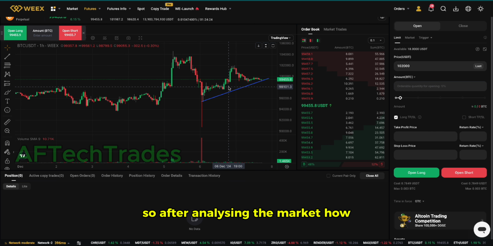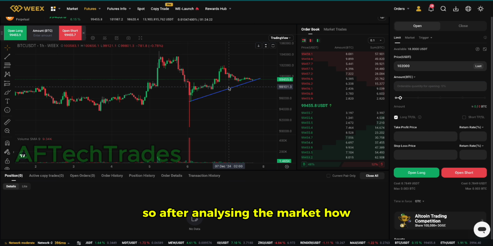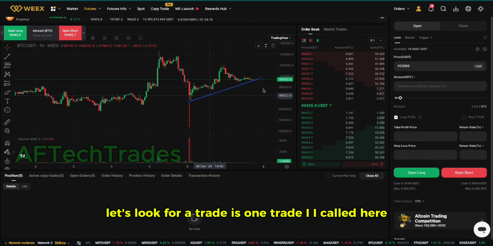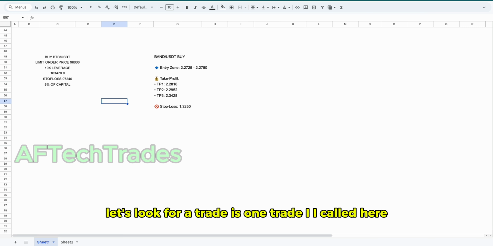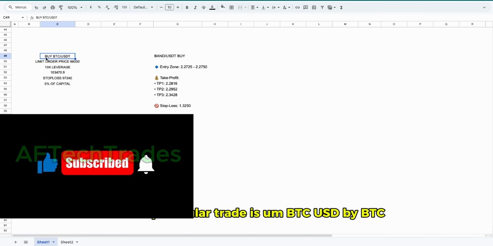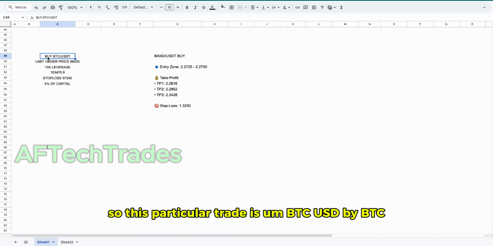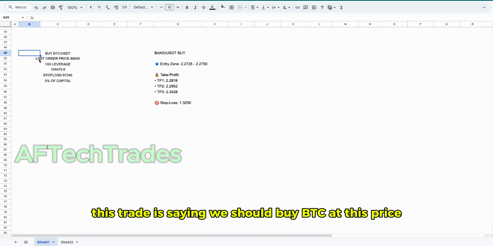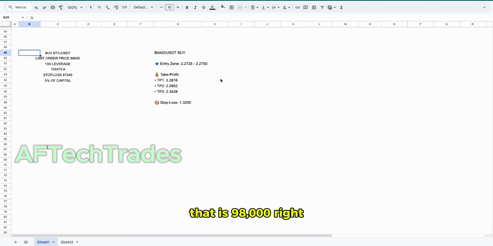So after analyzing the market, how you place a trade is, let's look for a trade. There's one trade I called here. This particular trade is buying BTC USDT. Let's say you want to do a limit order, for example, and this trade is saying we should buy BTC at this price, that is 98,000, right?